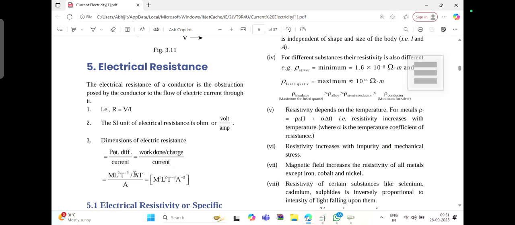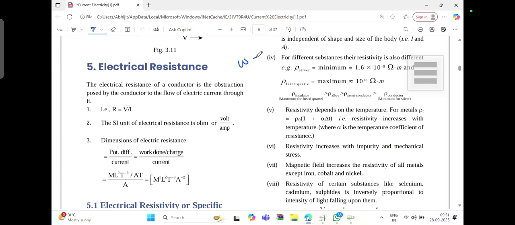W equals what? W equals F into S. The dimension of F, force, is mass into acceleration.